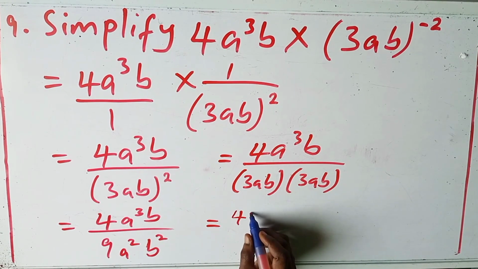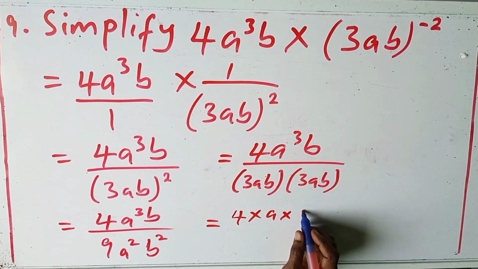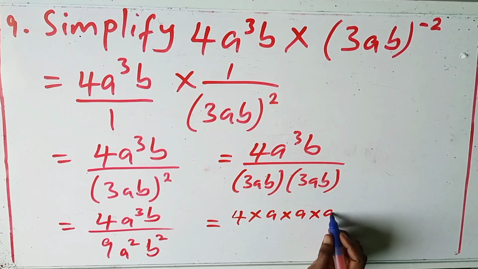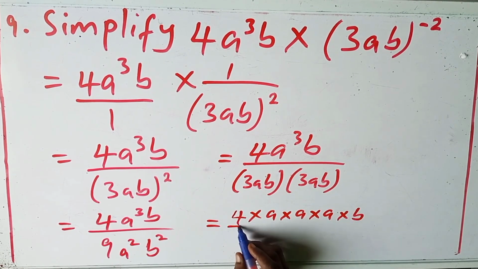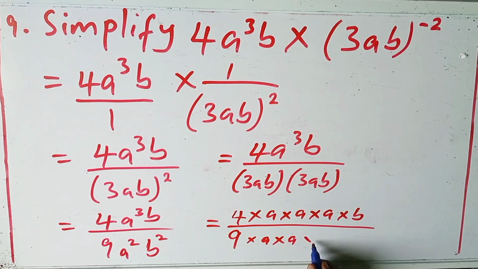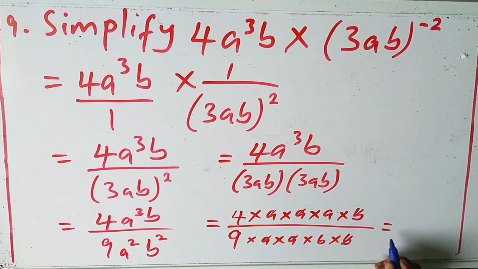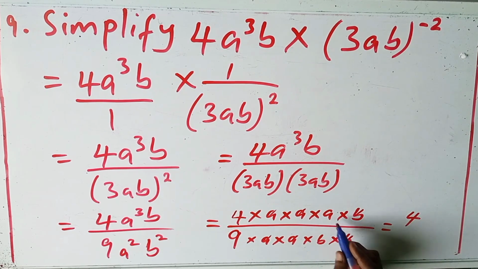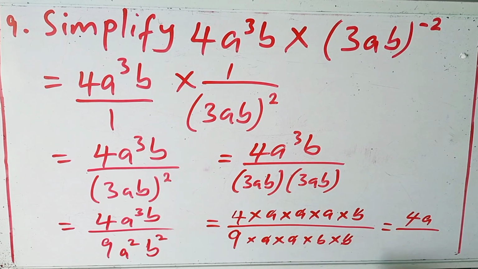So 4a times a times a, then times b, over 9 times a times a times b times b. We are doing this so that we can cancel, and when we did that, a will cancel a, b will cancel b, so we are left with 1a and 1b. So our answer is 4a over 9b.